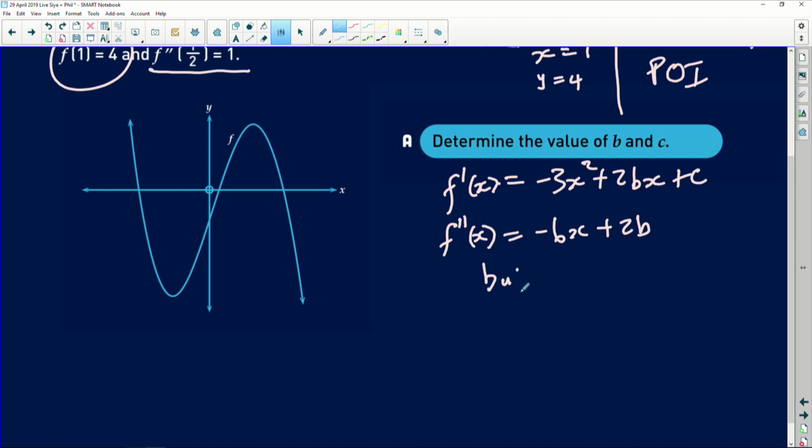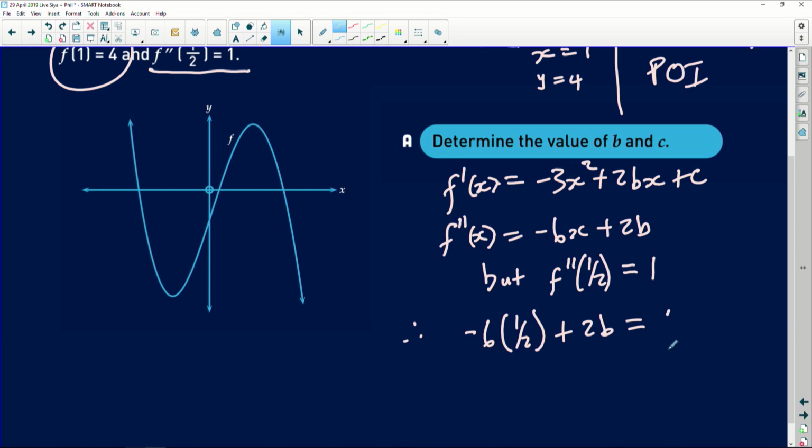But I was given that the second derivative at half is equal to 1. That means if I substitute 1 over 2 here, I must get 1 as a final answer. So it will be negative 6 into 1 over 2 plus 2b, and this must be equal to 1, according to this statement that I have there.